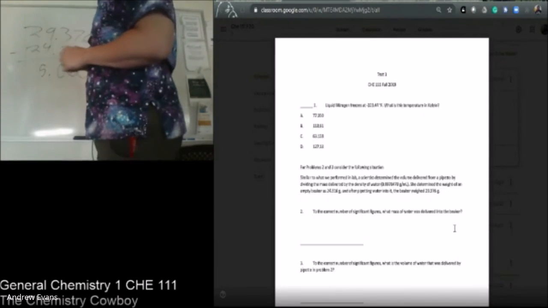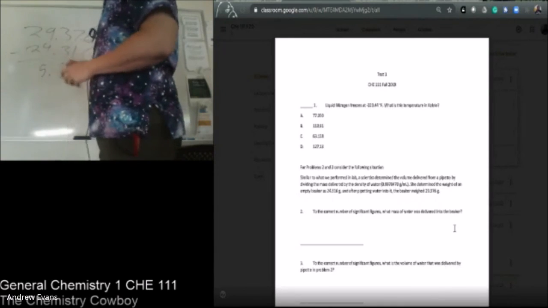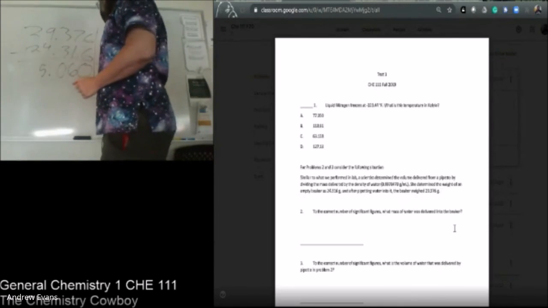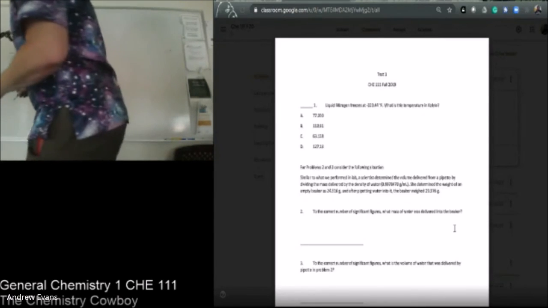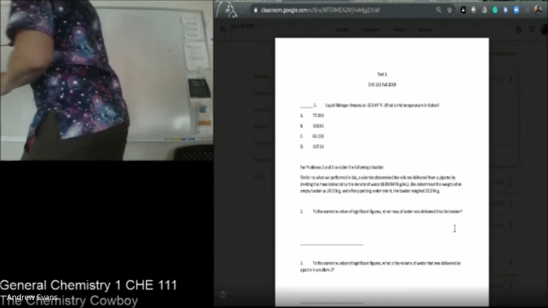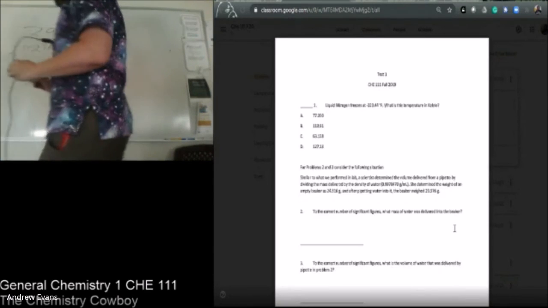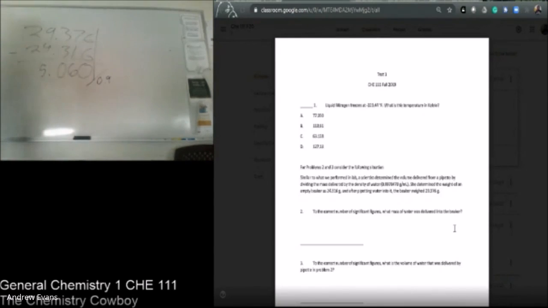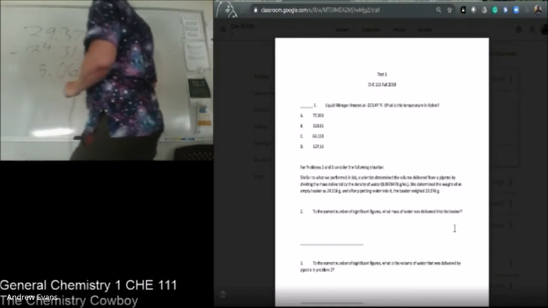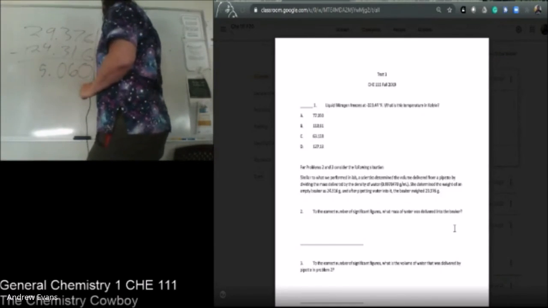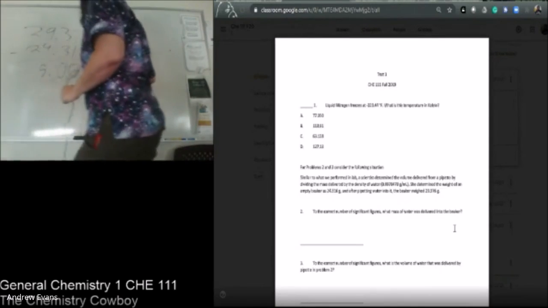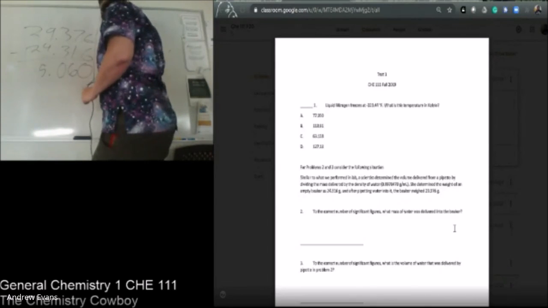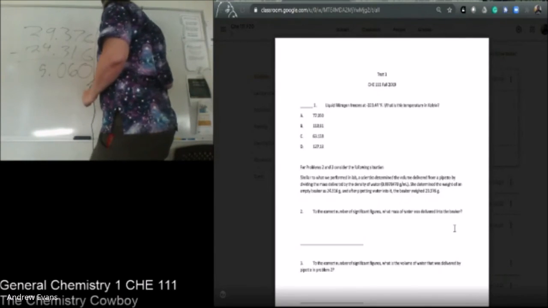Question 3 then becomes, what is the volume? So I'm dividing the mass by the density, which is 0.997047.